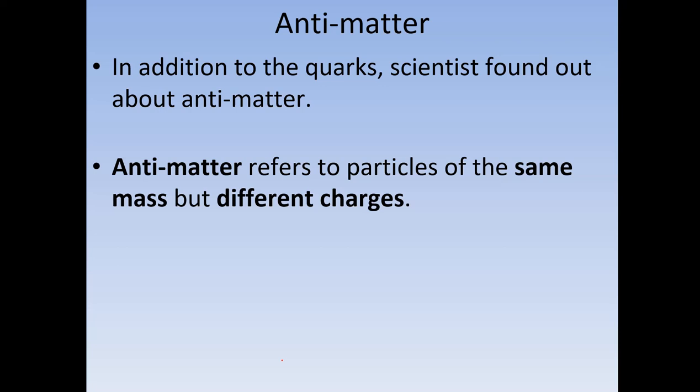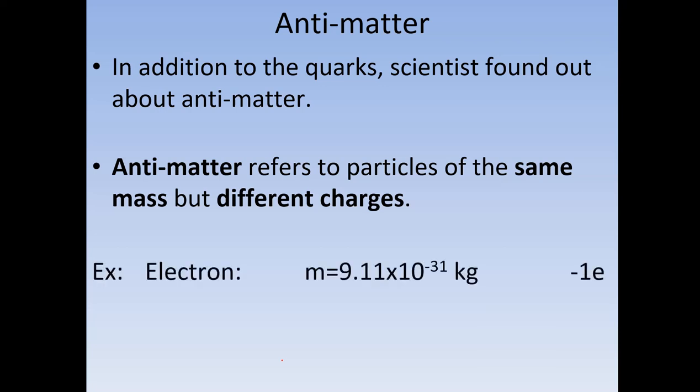But they are not antimatter of each other because the proton, if you look on the reference table, has a mass of 1.67 times 10 to the negative 27, while electrons have a mass of 9.11 times 10 to the negative 31. Those masses are completely different. So they are not antiparticles of each other.